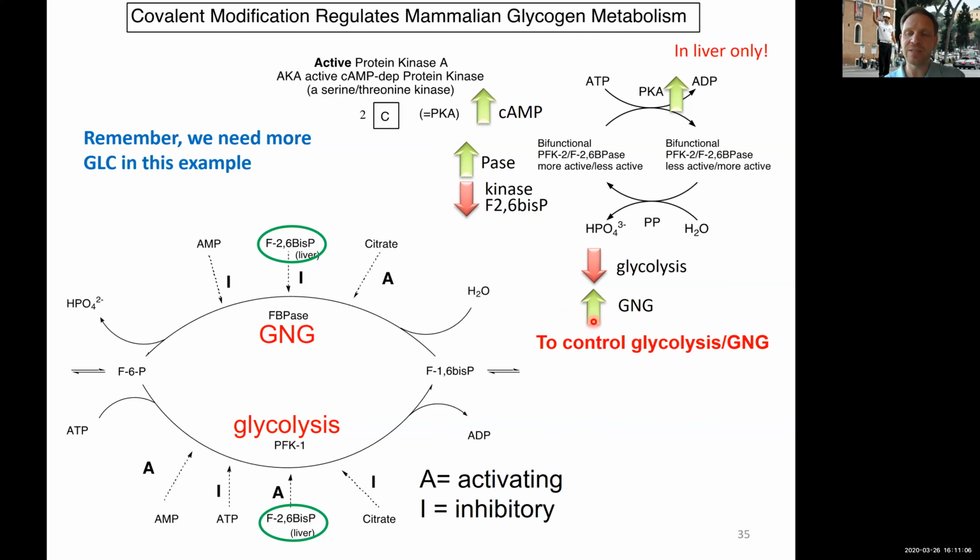Now it might make sense why the muscle has the trick of not doing this, because, right, the muscle does not release free glucose, right? The purpose of the muscle is movement. It wants to do glycolysis. It will not release free glucose, so it will not actually have this reaction occurring. It occurs only in the liver.